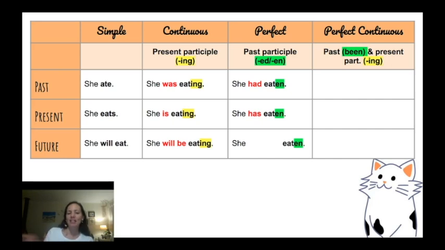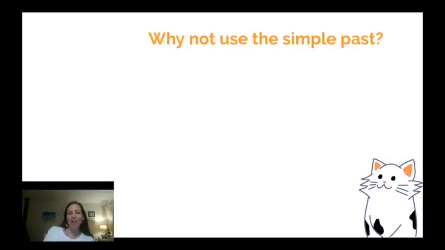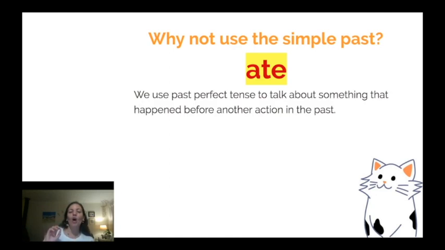She had eaten. Okay, but I know what you're going to ask. You're going to say, but why don't we just use the simple past tense? Why can't we say Twiggy ate? That would be a lot easier. She ate. Well, there is a difference between she ate and its past perfect tense form.